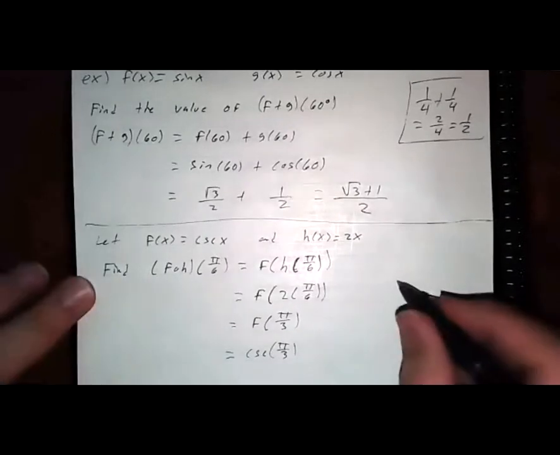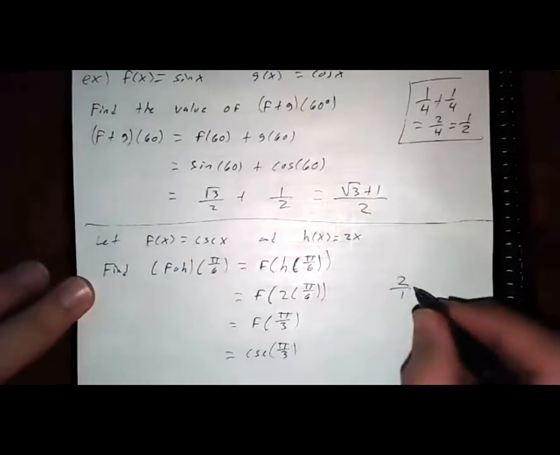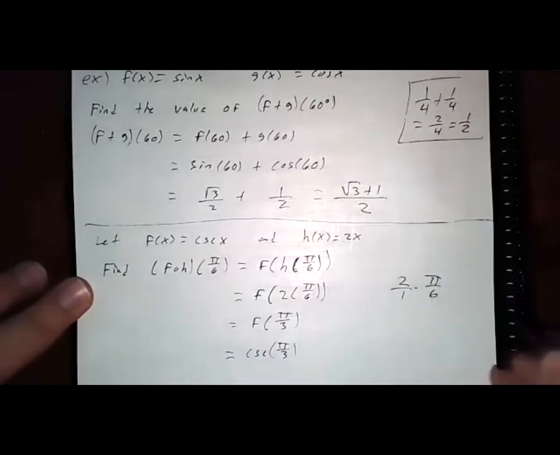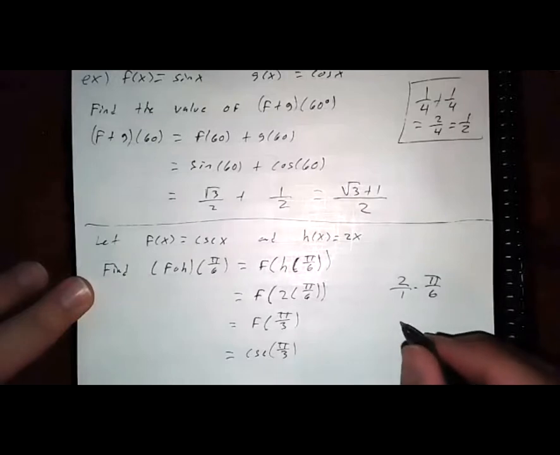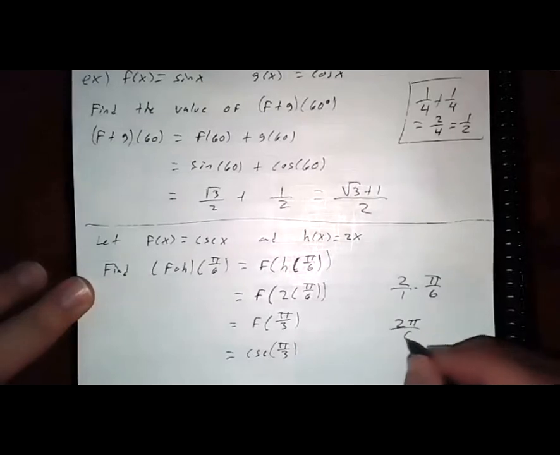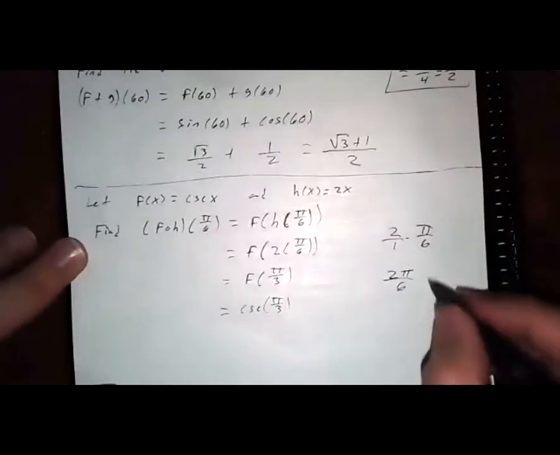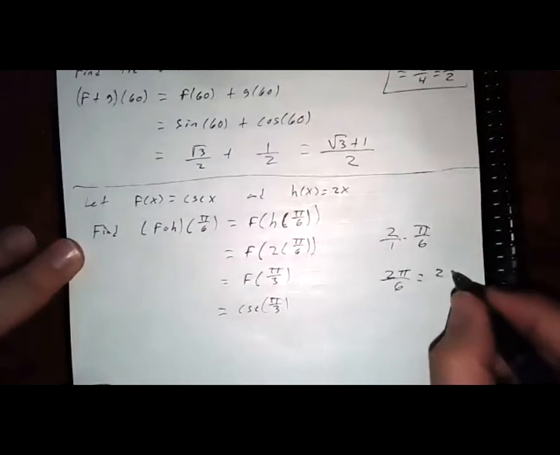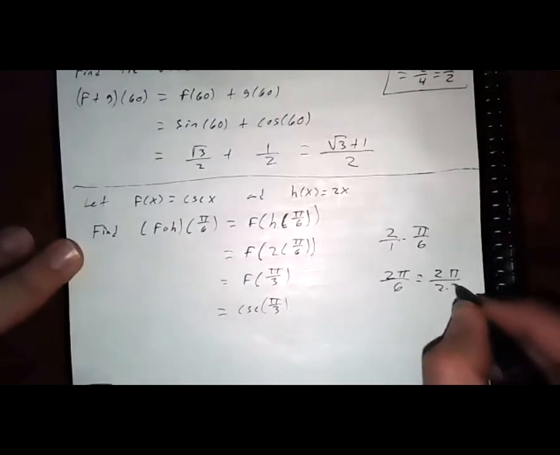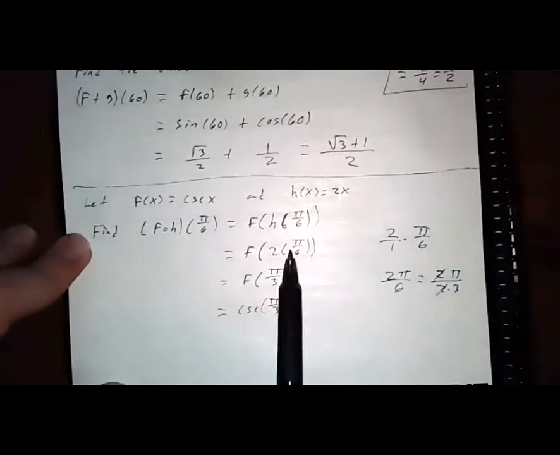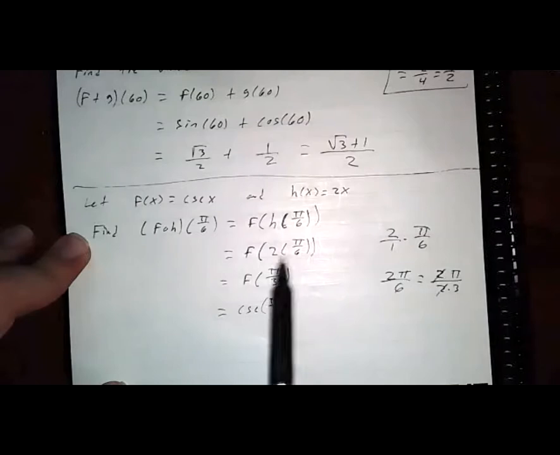Yeah, so 2 over 1 times pi over 6 is what's happening, right? So that's the same as saying 2 pi over 6, which would reduce because you have a 2 and a 2 down here. 2 times 3 is 6, so these would cancel. So we're really just reducing a fraction. That's what happened here to here.